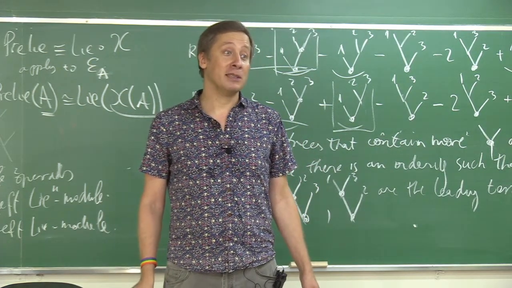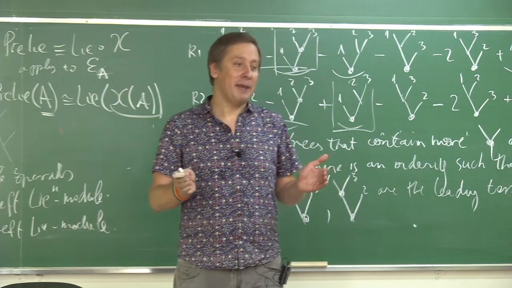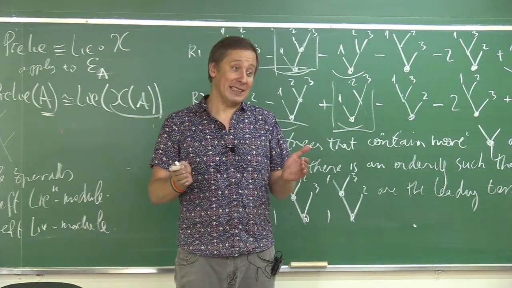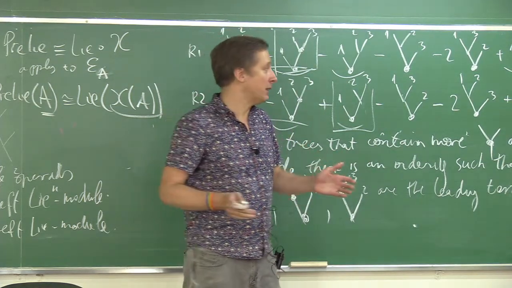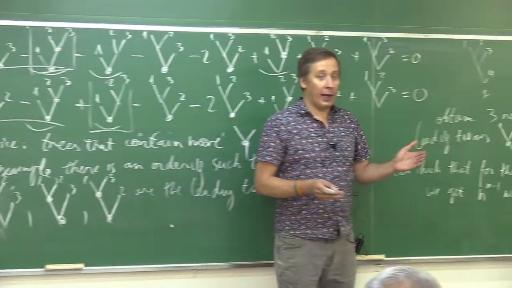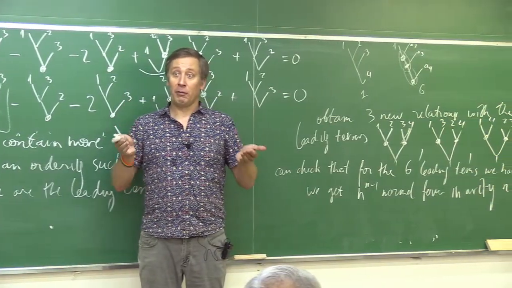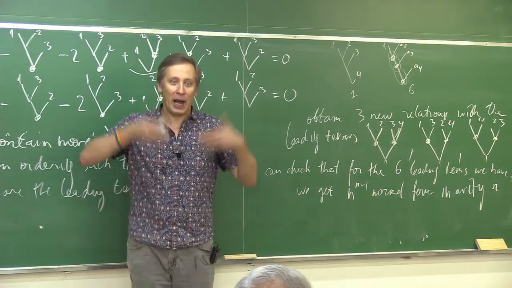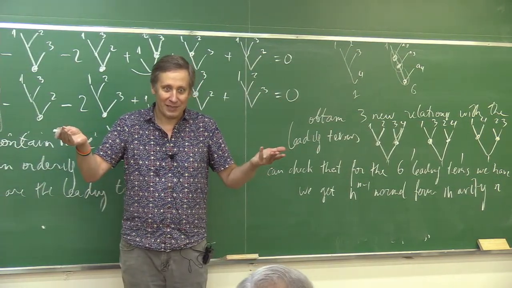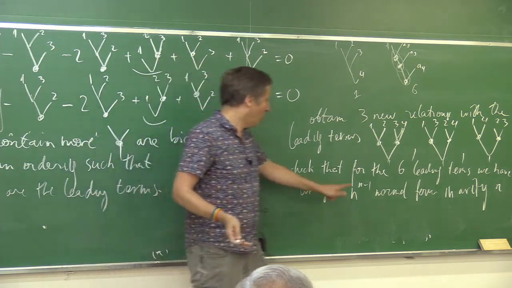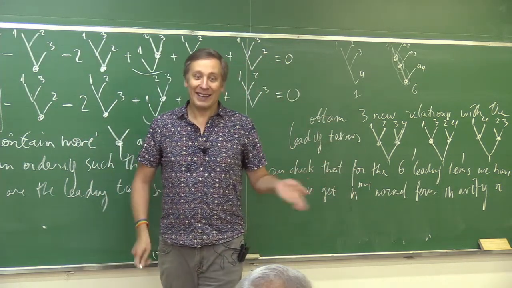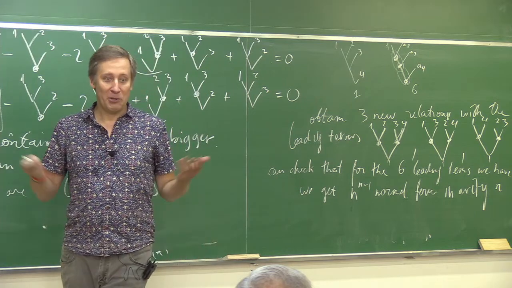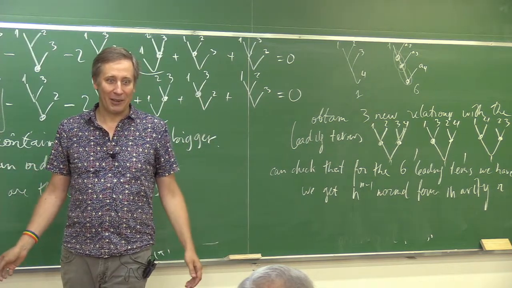And this shows that we can stop here, that we obtain the Gröbner–Shirshov basis, because in general a Gröbner–Shirshov basis gives you normal forms, and an incomplete Gröbner–Shirshov basis gives you an upper bound on normal forms. So since your upper bound is sharp, there is no room for further elements of the Gröbner–Shirshov basis.